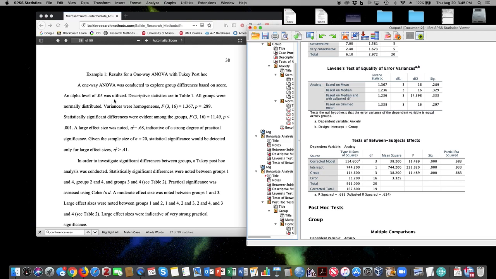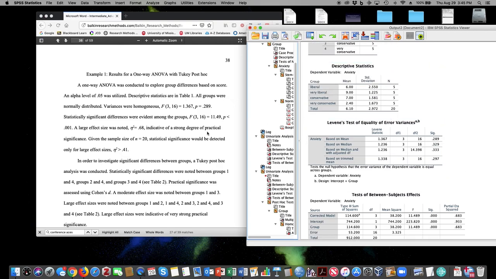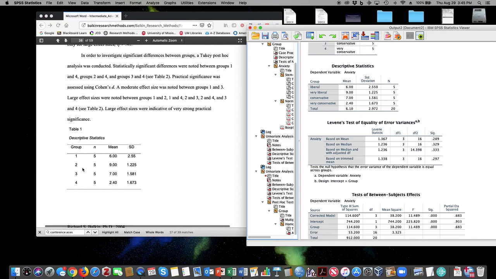An alpha level of 0.05 was utilized. Descriptive statistics are in Table 1. And so you can see I'm going to have Table 1 here and have the sample size, the mean, and standard deviation, and it's just going to come right from here. Now, SPSS does not give you tables in APA style, so you have to create those. But this is where the data is coming from.